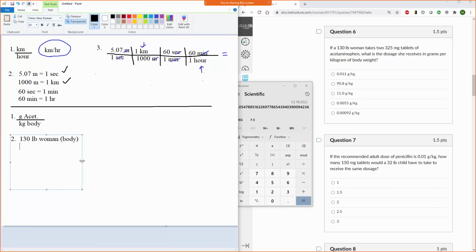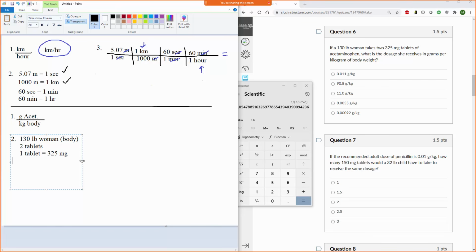And what else do we have? We have 2 tablets, and each tablet, one tablet, is equal to 325 milligrams, right? I mean, they really kind of shortened that. She takes 2 325 milligram tablets, but that's essentially what we're saying: 2 tablets, each one is 325 milligrams. It'll help to kind of pick that apart.